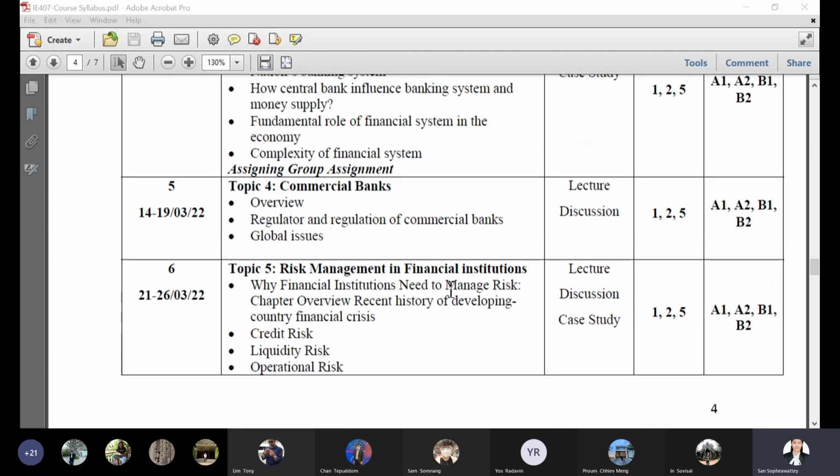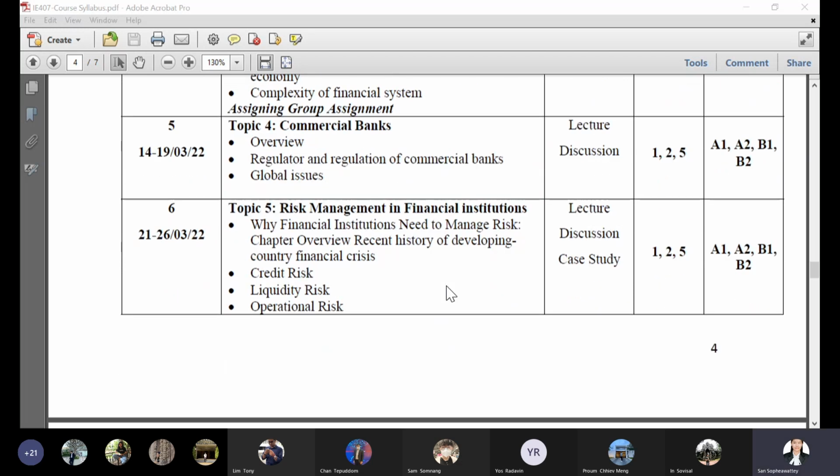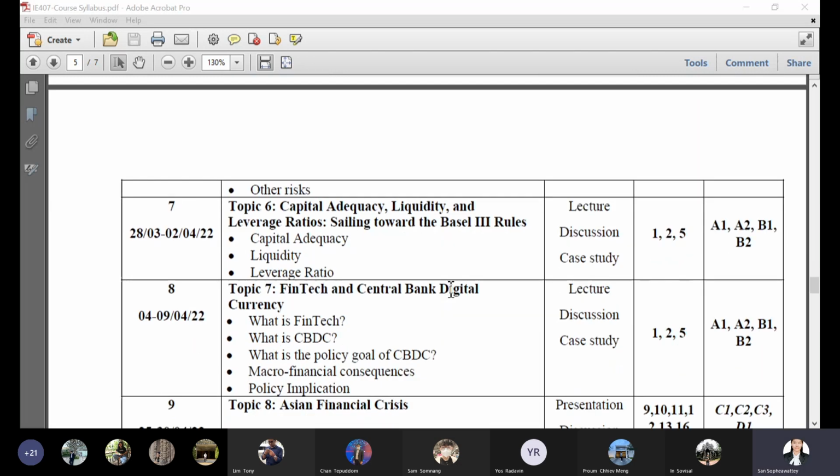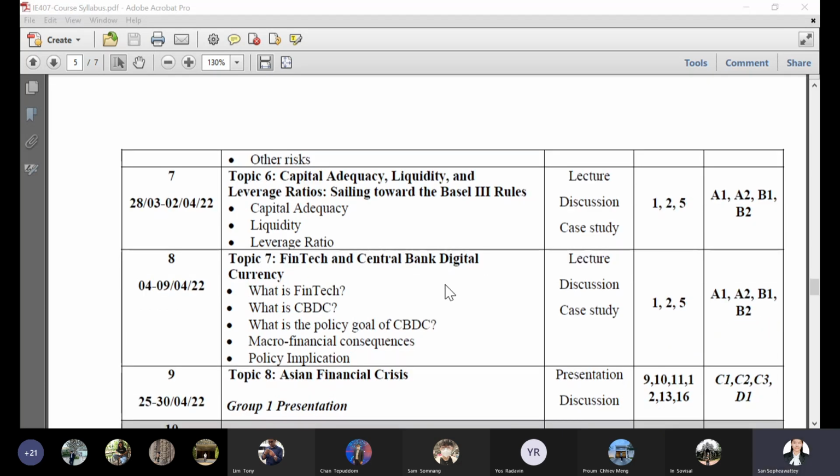And then we look at risk management in financial institutions, including credit risk, liquidity risk, operational risk, and other risks. Then we will look at some important indicators that show the strength of the financial system or the banking system: capital adequacy, liquidity, leverage ratio, and the Basel III rules.